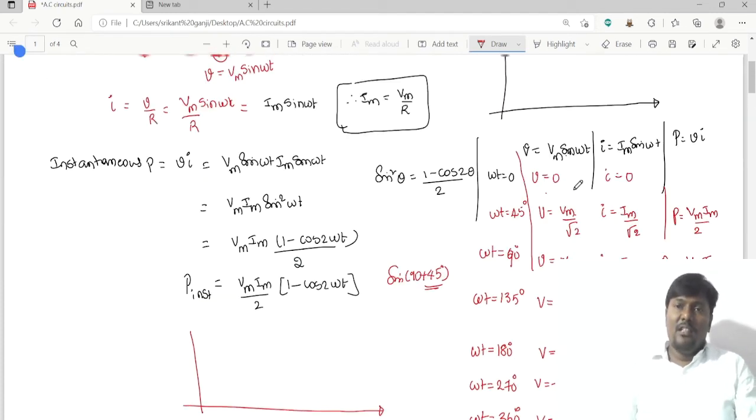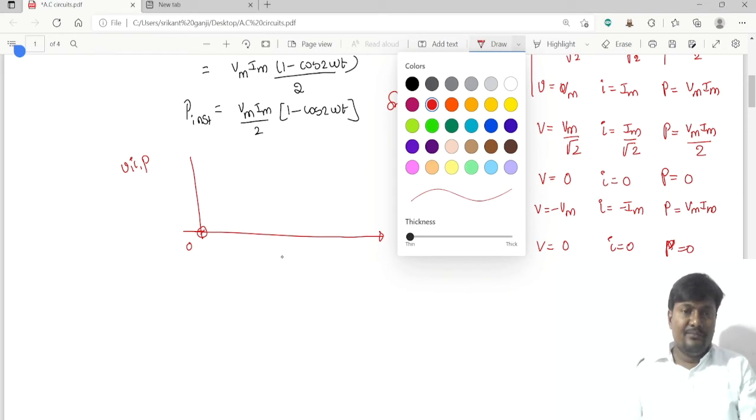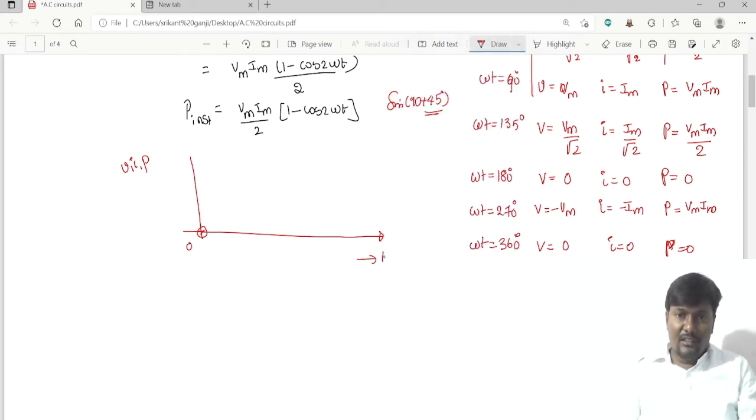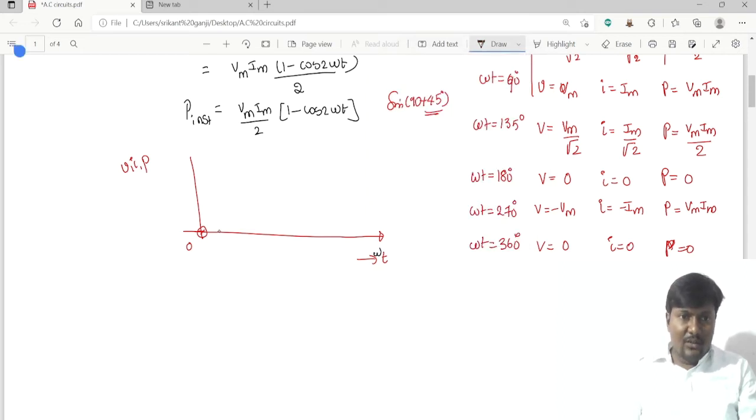Okay, so here the space is not there. Now I am drawing the voltage, the instantaneous value of current, and the power. First of all, I am representing voltage. On the x-axis we are representing the time, that is omega t, at 0 degrees, 45 degrees, 90 degrees, 135, 180 degrees, and after that 270, 360.